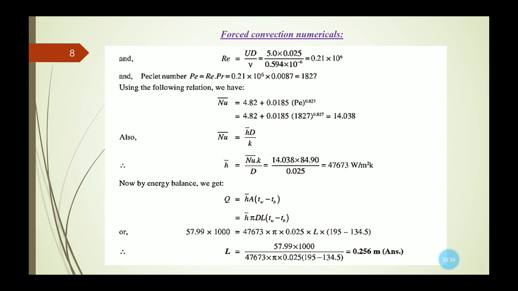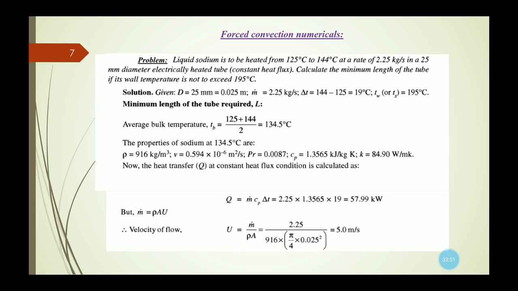From this relation, after some steps, we can calculate the length of the tube, which we are getting here as 0.256 meter. So this is the procedure to solve this numerical.